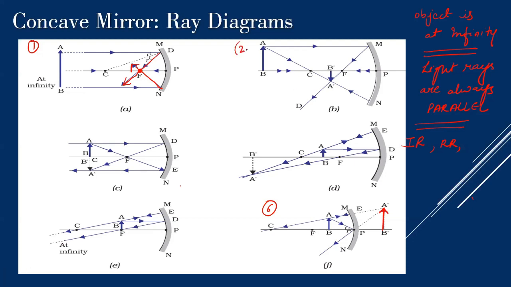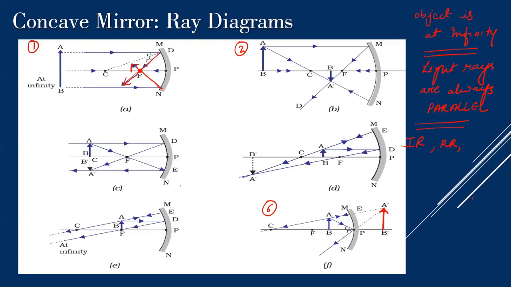Second position, what was it? It was beyond C. So now this is infinity, this is beyond C. Okay, we need to take any two rays. We had studied three types of rays in the rules. One ray parallel to principal axis, another ray passing through focus, and third ray passing through center of curvature.